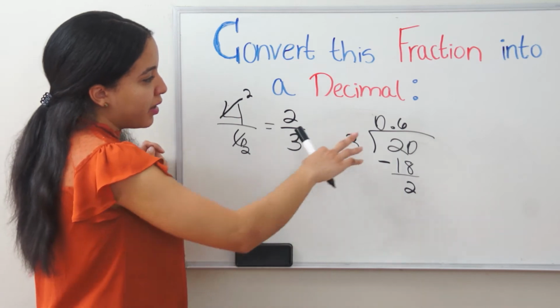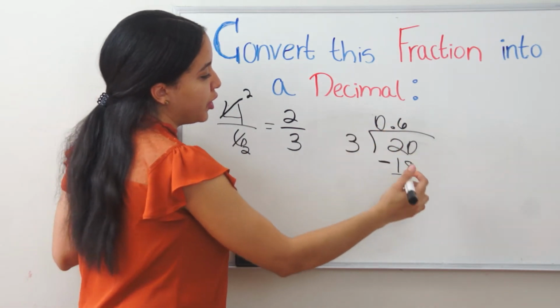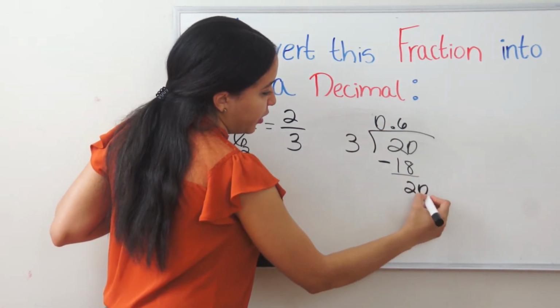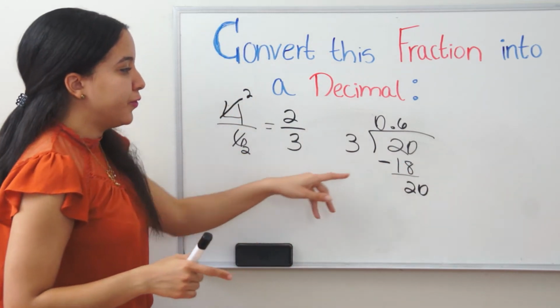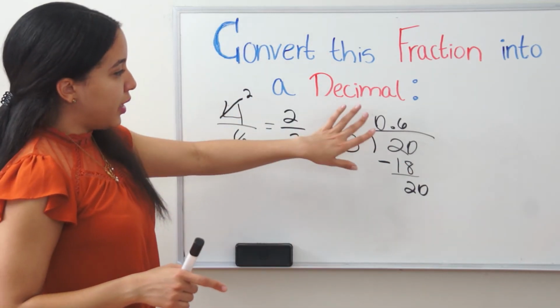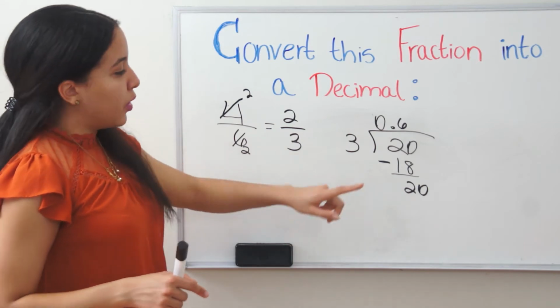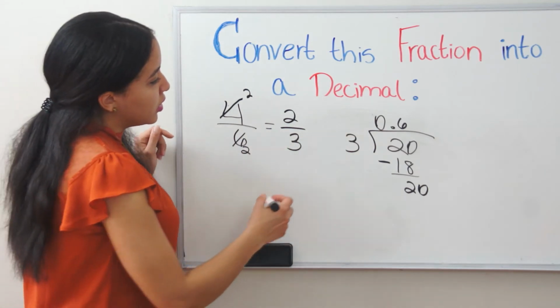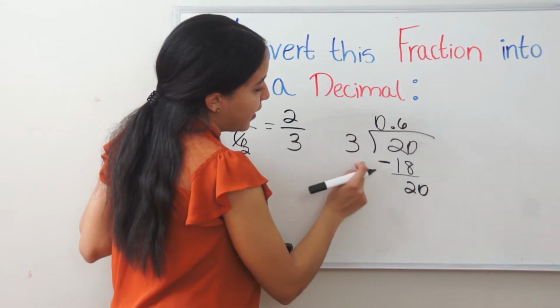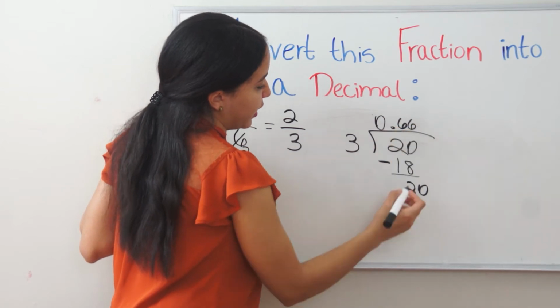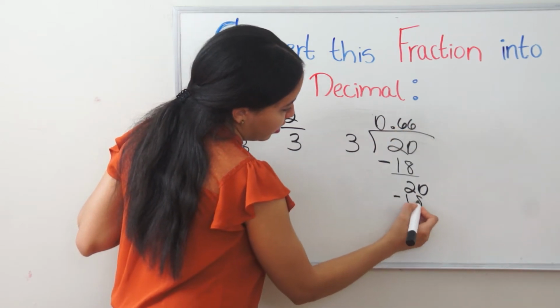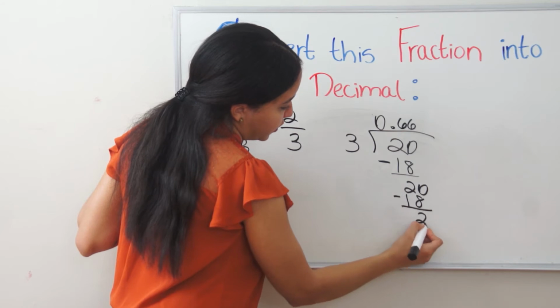So because we added a 0 already and a point over here, we're going to add a 0 over here. Every time we get an answer for a subtraction, after adding a 0 point, we're going to add a 0 to the answer. So we will do the same. 20 divided by 3 will be equal to 6 again, and the remainder will be 2.